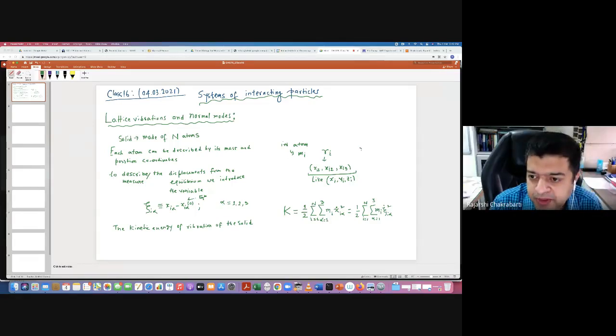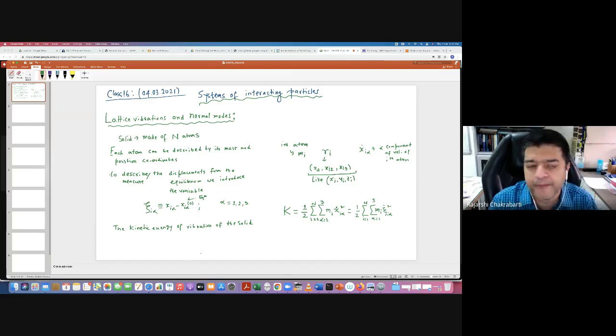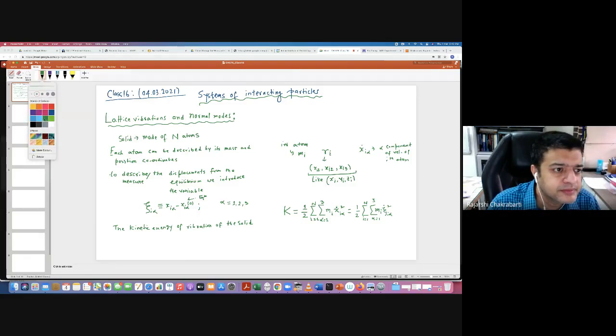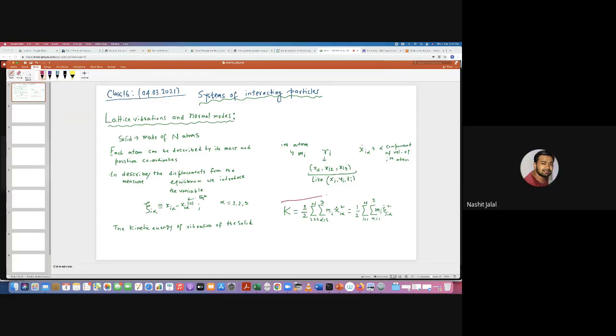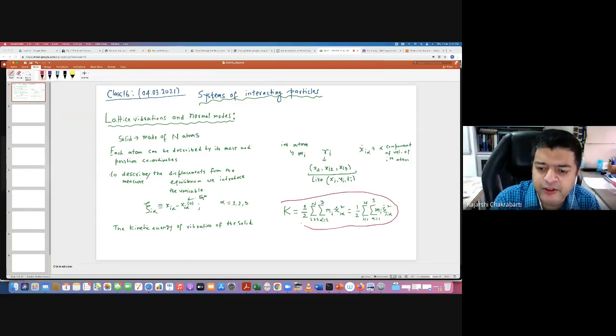So in other words, this xi alpha dot is the alpha component of velocity of ith atom. This is exactly what I put here. So we got kinetic energy. I hope this is fine. Yes, sir. Very easy. The kinetic energy of vibration.